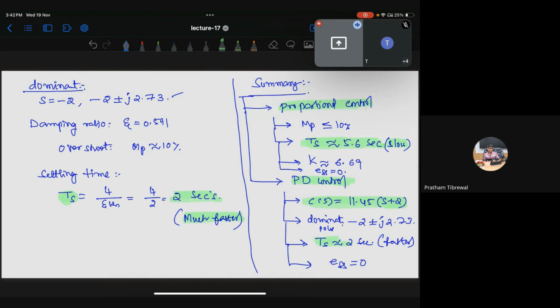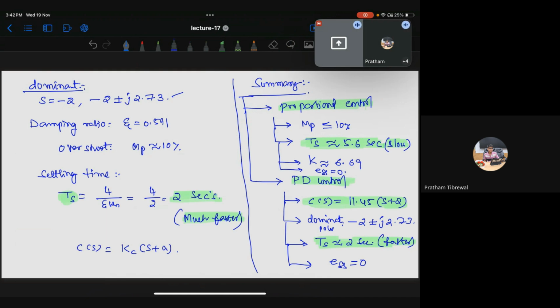Once you use PD control, the settling time is 2 seconds, which is faster. The thing we are checking here is proportional versus PD control, where the PD control expression is C of S equal to Kc multiplied by S plus A.